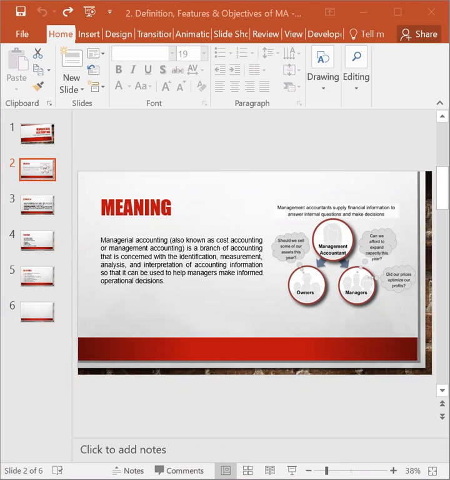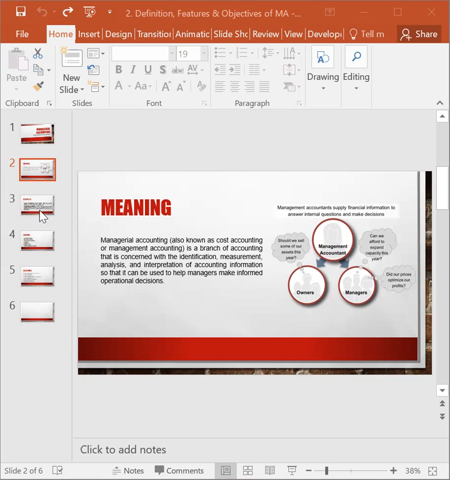Managerial accounting is referred to as management accounting. Management is one part of it and the other word is accounting. These two aspects we will be studying here.